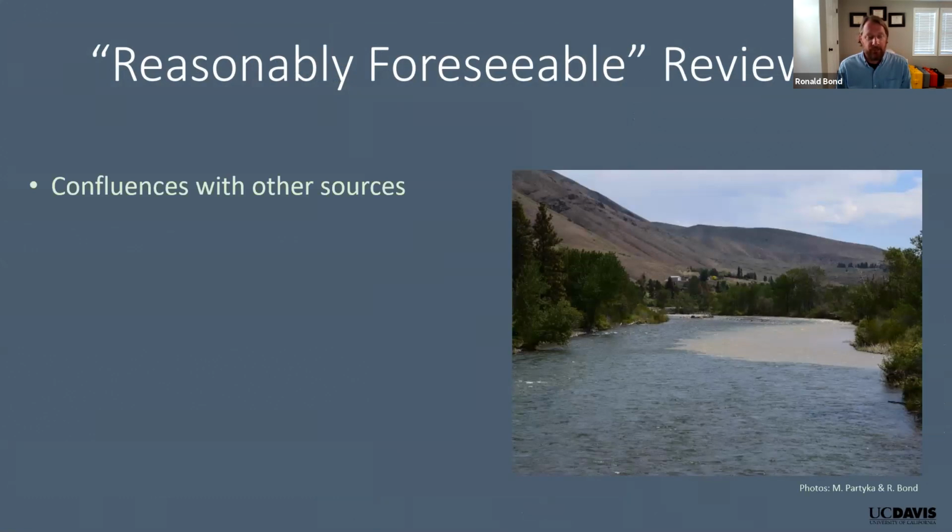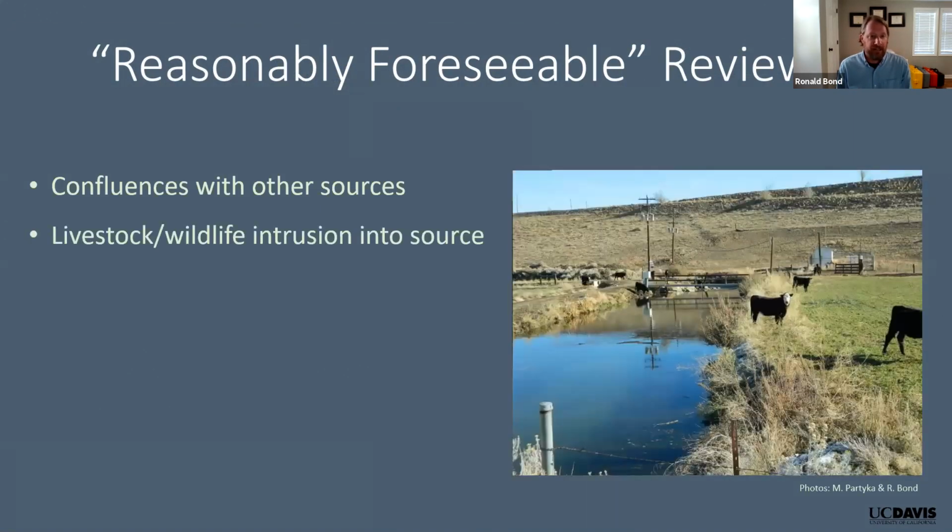That's something that you may not be aware of, especially if you're way downstream. But if you see a change in water quality, this may be something you need to be looking at. Again, wildlife, if they're intruding into your source, you'll want to note it. And if you can do something about it, that's great. If you can't, then at least it's noted, and that you're testing the water, so you're making sure that everything's good.